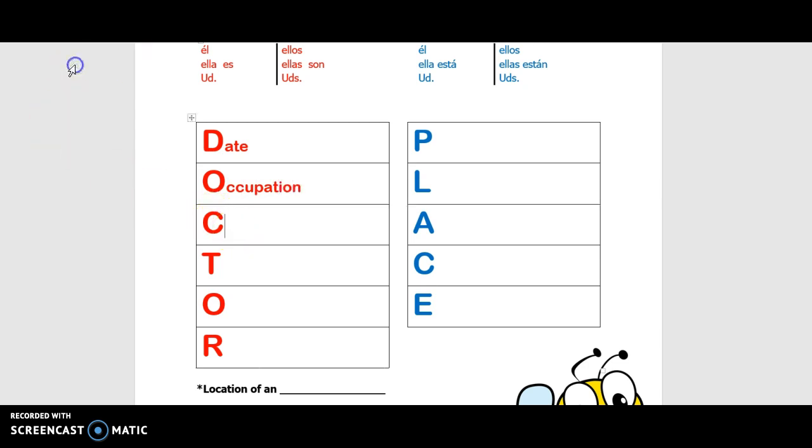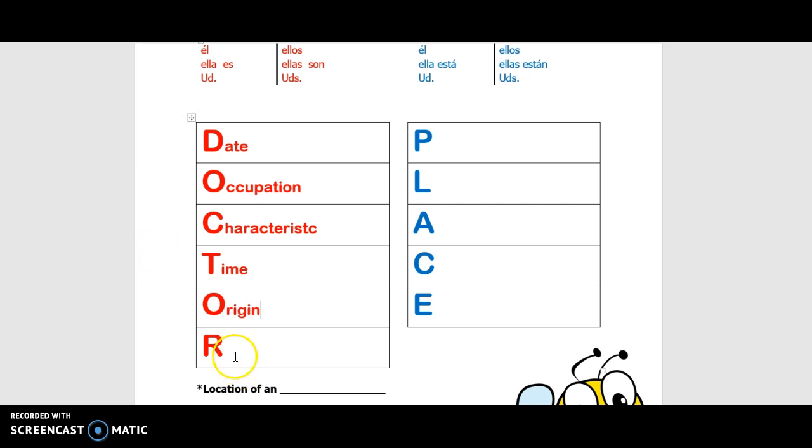C stands for characteristic. T stands for time. We're making it a little smaller so everything fits the same. Time. This O stands for origin.